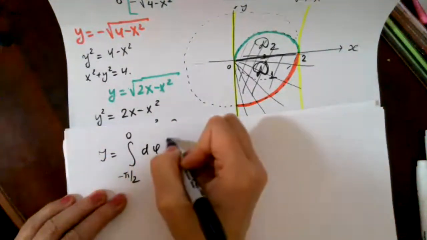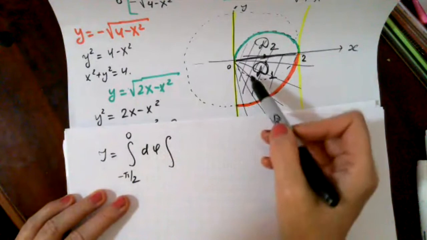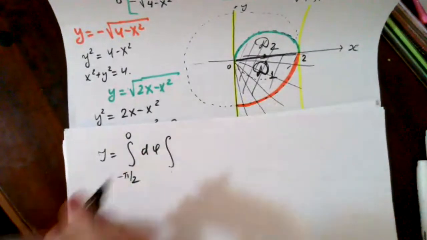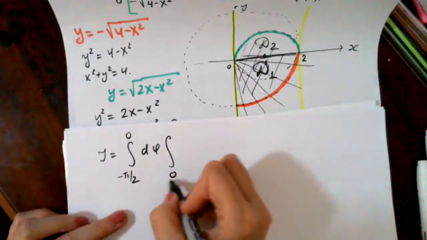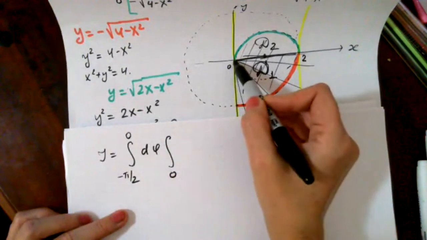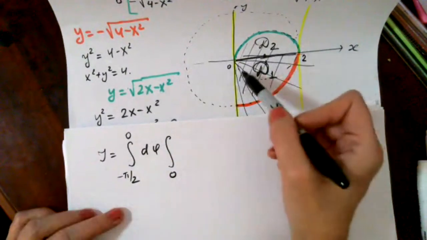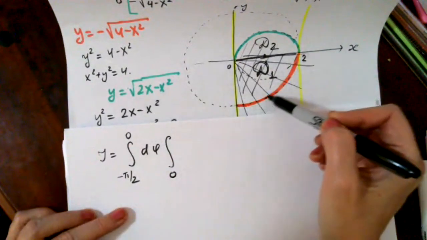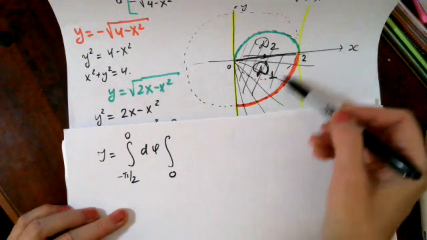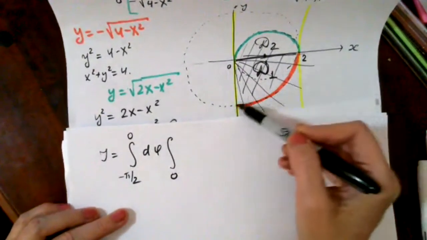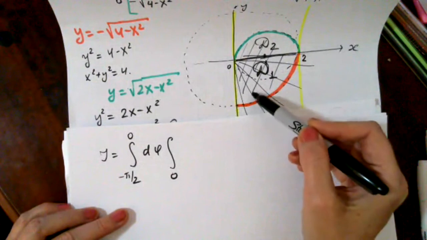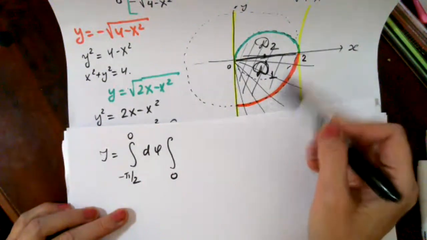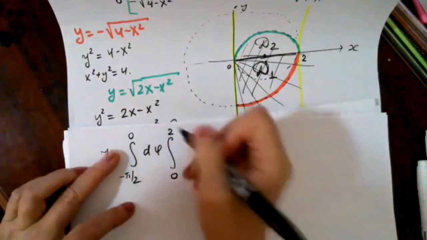This is d phi. Okay, the next one, from 0. The closest boundary is 0. It's not a boundary, it's the origin itself, like in many previous cases. And the role of the farthest boundary plays this circle, which has a very nice equation in polar coordinate system. r is equal to the radius, and the radius was 2. So this is just 2.